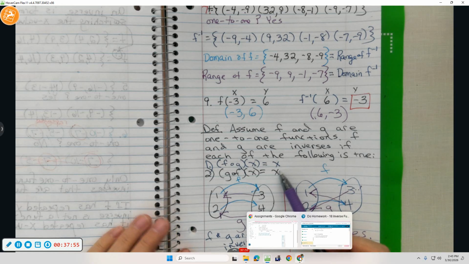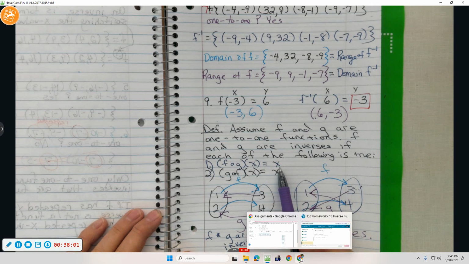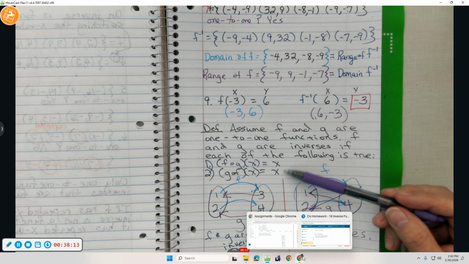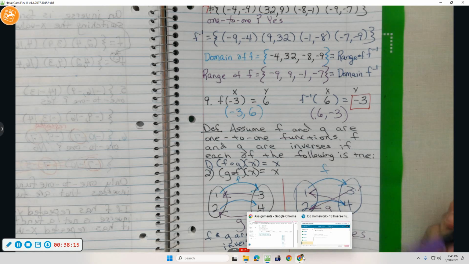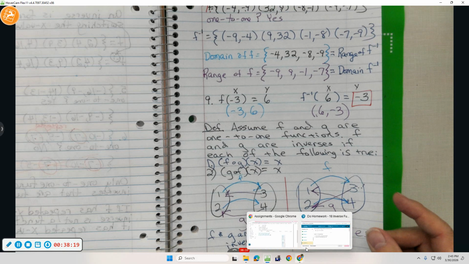You give me two function equations, and I can decide if they're inverses, because I know how to find their compositions. So if everything reduces to x in both directions, great, they're inverses. If there's stuff that doesn't cancel out and you're left with something other than just x in both directions, then your functions are not inverses. Let's look at number 10.